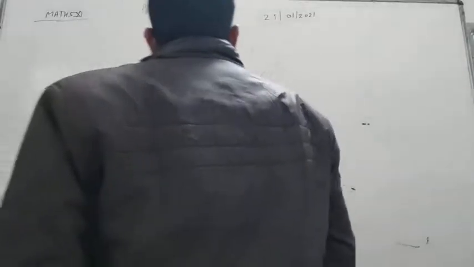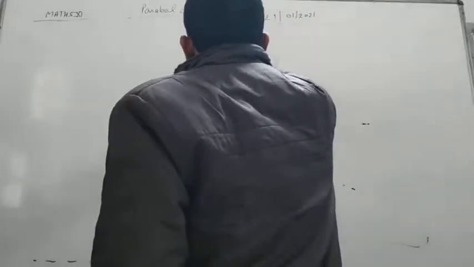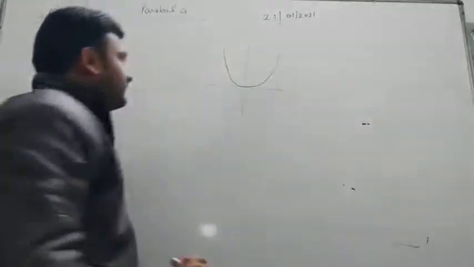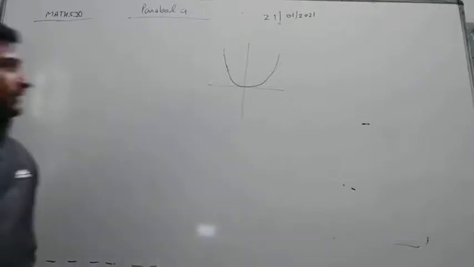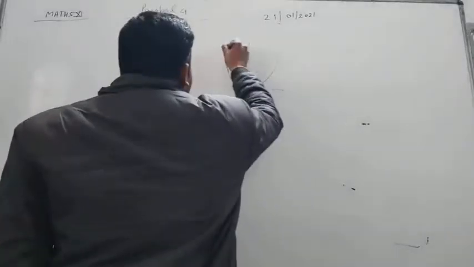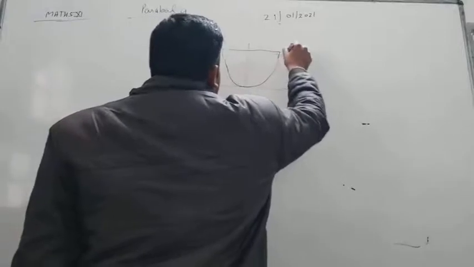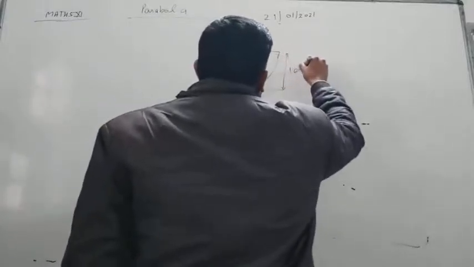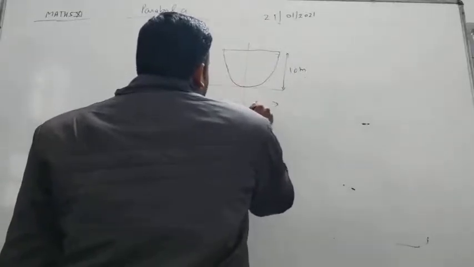The question says that this parabola has a vertical axis and the arc is 10 meters high. So this is 10 meters high and this is 5 meters wide.